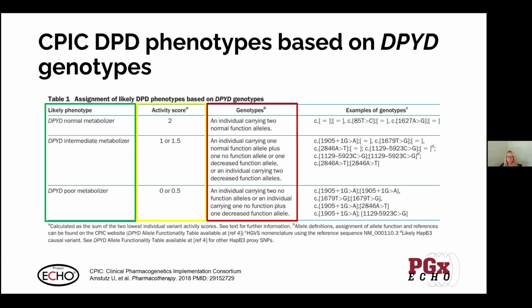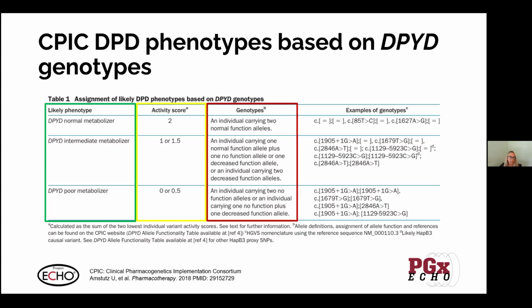If you look first at the third column shown in red, this is a description of the genotype that's used to predict each of the phenotypes shown in the first column in green. The second column in yellow is the combined activity score for the genotype.